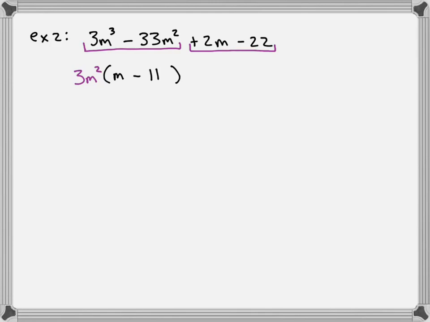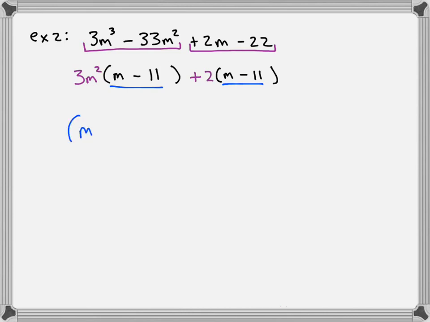And then if we look at the second set, we have a GCF of 2 that we can factor out. If we factor out that 2, we are left with an m minus 11. And right here, again, these should be identical. They are.